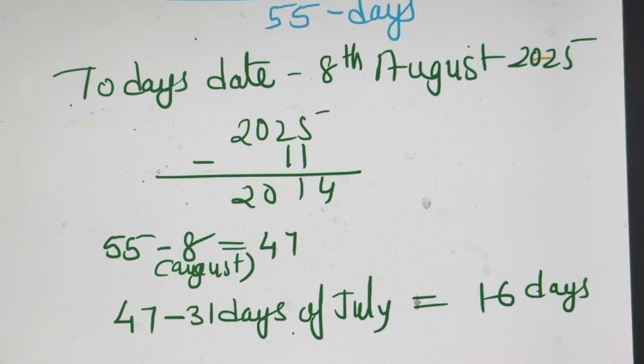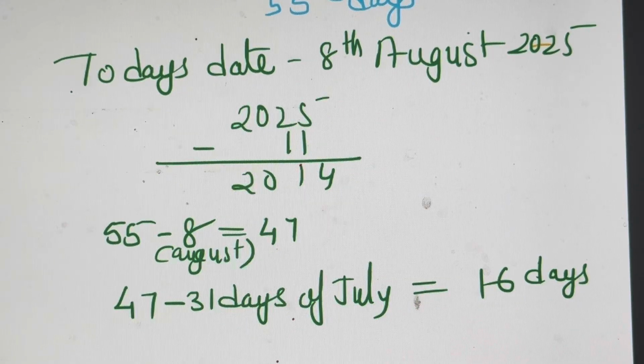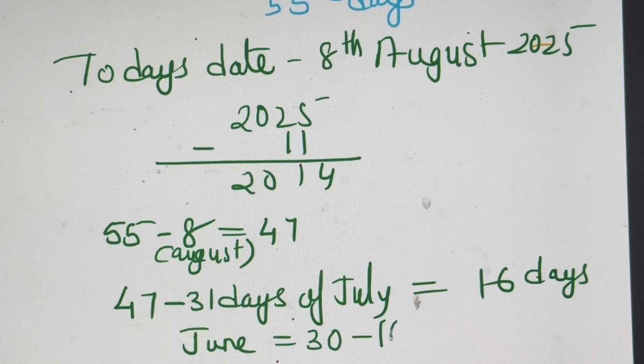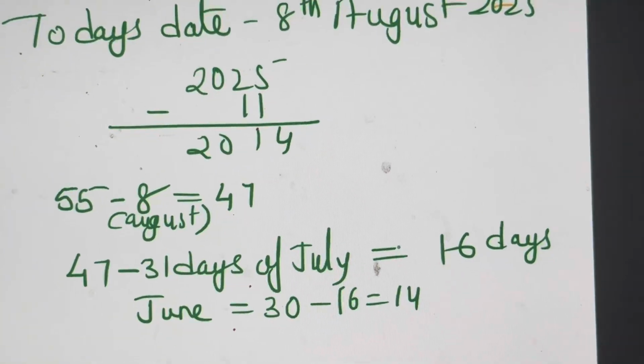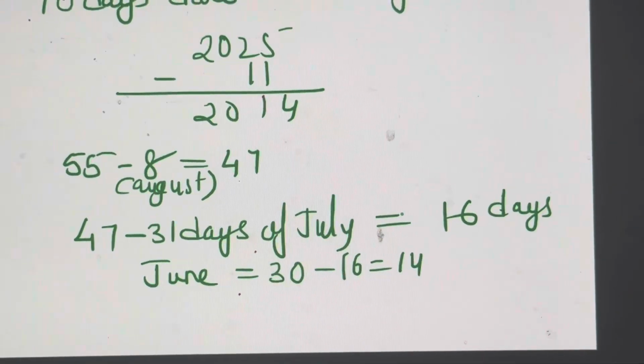We have reached the June month. Now, in the June month, there are 30 days and we have to go backwards 16 days. So 30 minus 16 is 14. Right? So Istu was born on 14th of June.